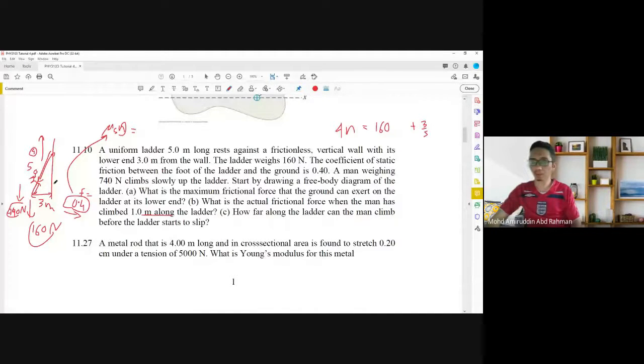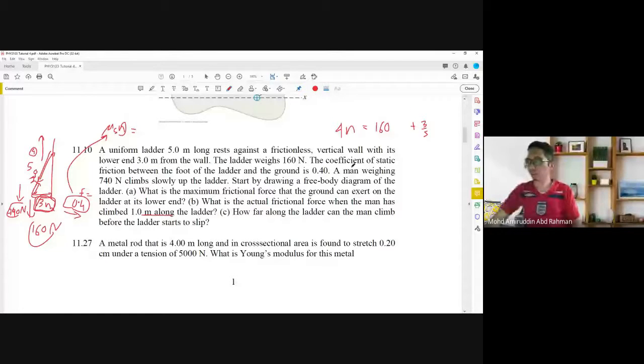So we have this 3 meter over 5 due to the ladder. So we have 740 for, okay, this is the man, due to the ladder.